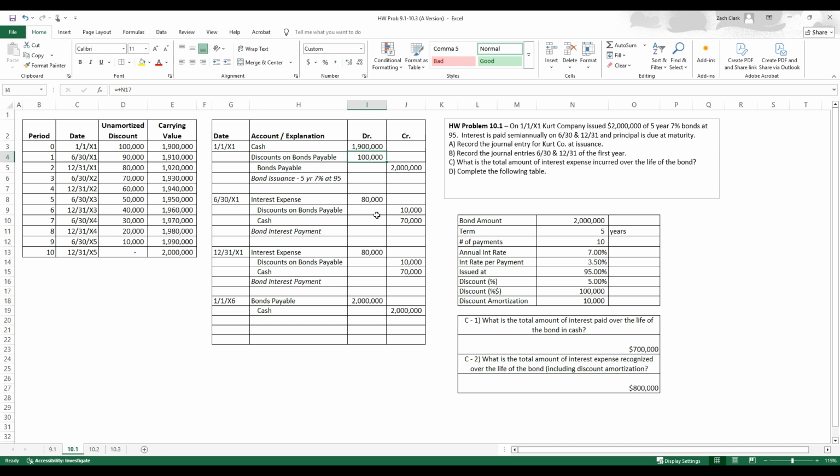It is kind of an expense, right? We recognize this hit to our financial position. The discount expense will drive up interest expense over those 10 payment periods. So we do end up taking that discount. This is on the balance sheet, but it gets amortized through to the income statement over the life of the bond, basically.